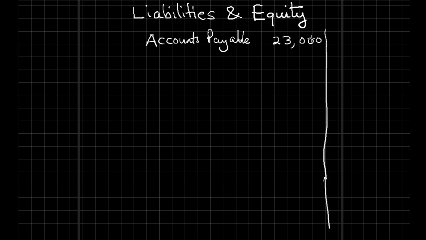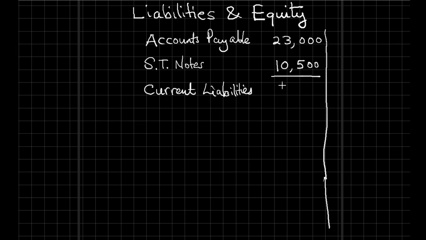$23,000. The next item was short-term notes payable in the amount of $10,500, and they should sum up to give us our current liabilities, and the total should give us $33,500.